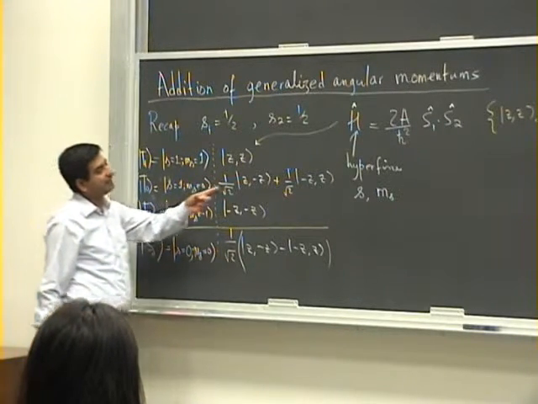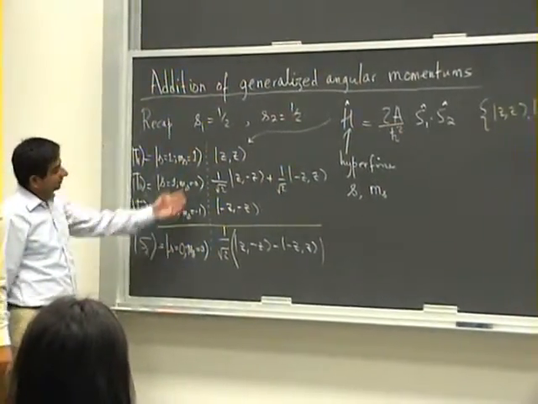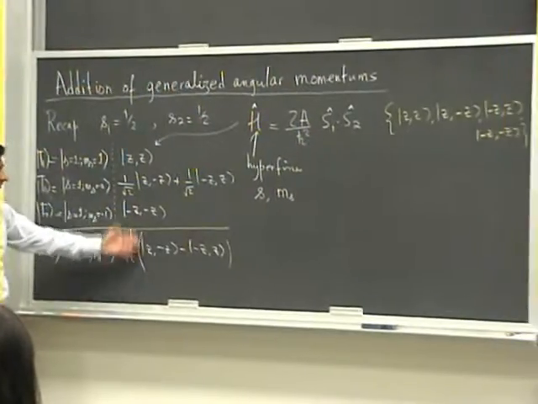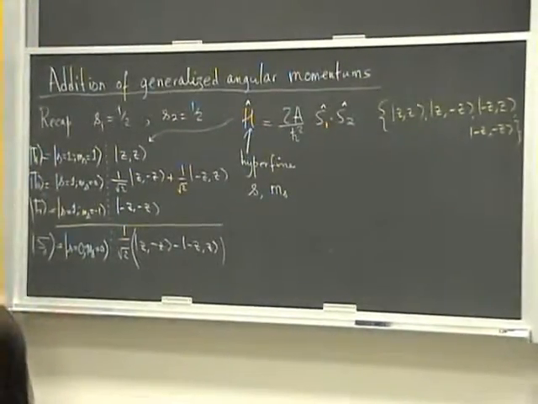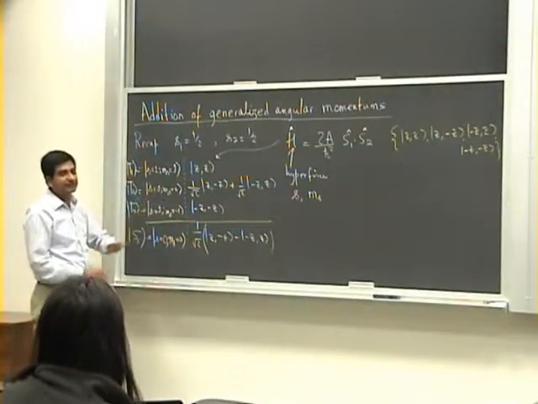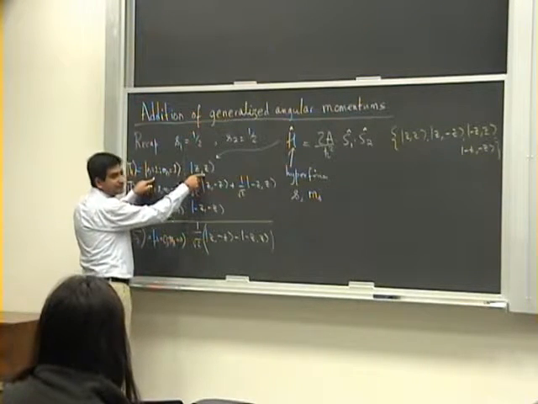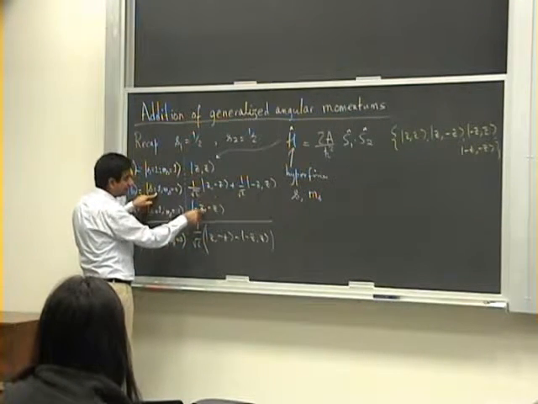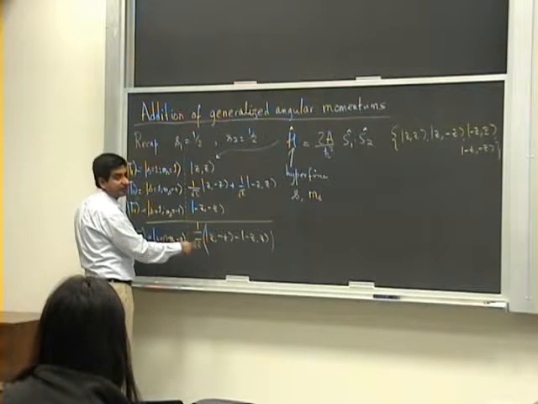So if you look at this hyperfine interaction Hamiltonian, this is one possible set of eigenstates. The eigenstates are independent of the basis. So this state is the same as this state. All of these states are equivalent. They are just different representations of the same state.